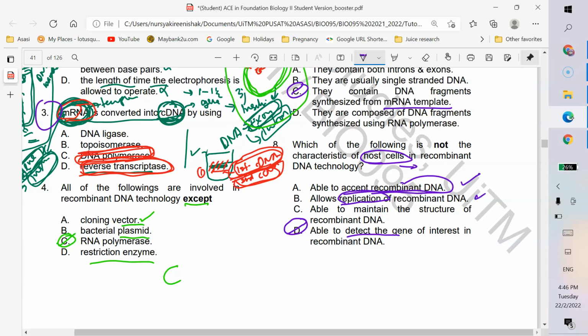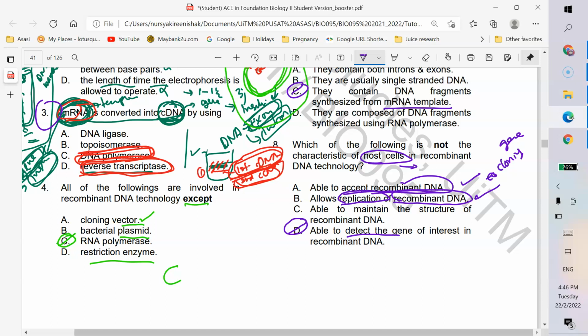So statement A is correct, statement B is correct. When the bacterial cell replicates, it also replicates the recombinant DNA. That's why we call it cloning, gene cloning. When the bacteria replicate, the gene of interest is also cloned. It amplifies the amount.